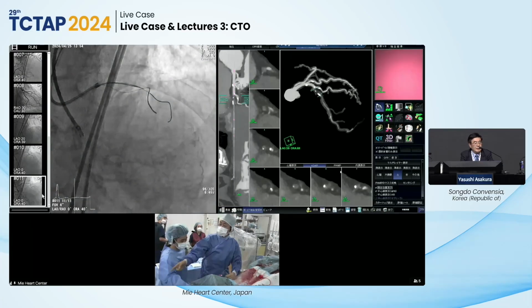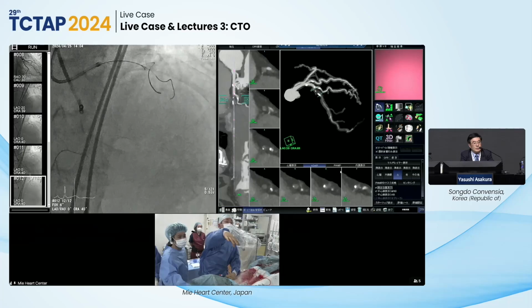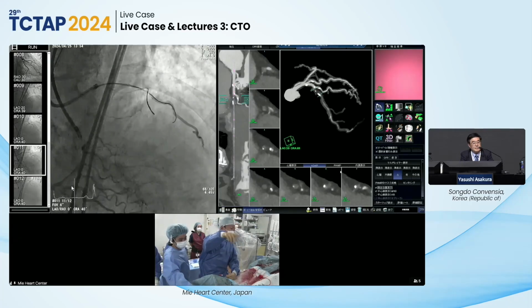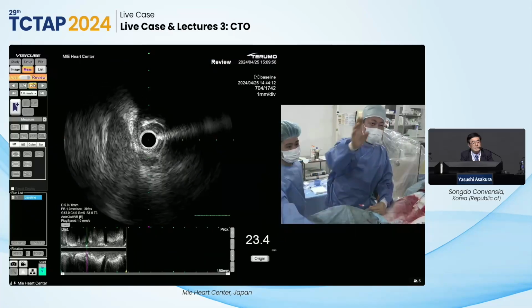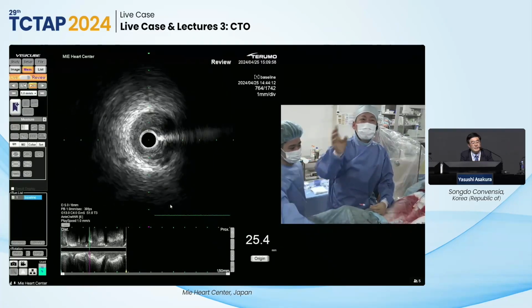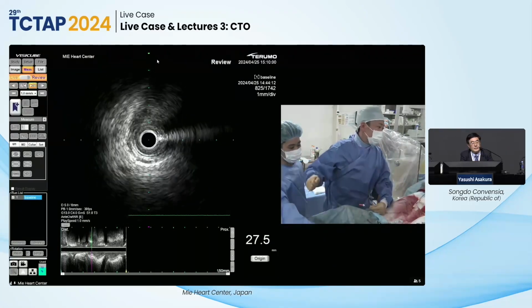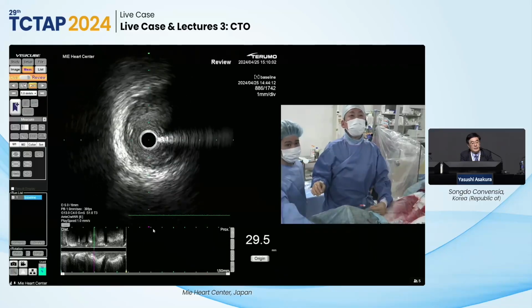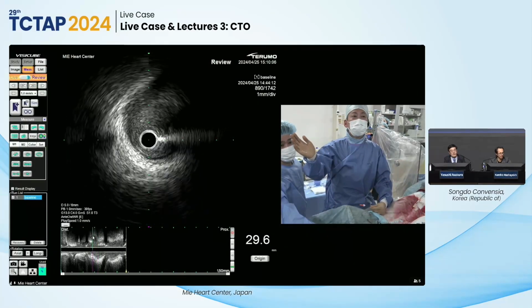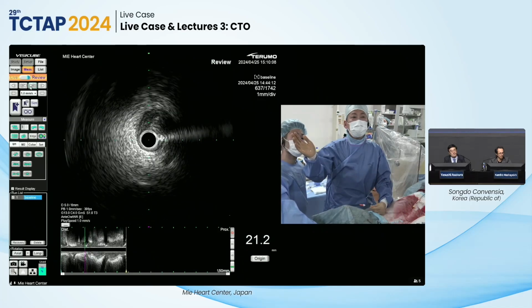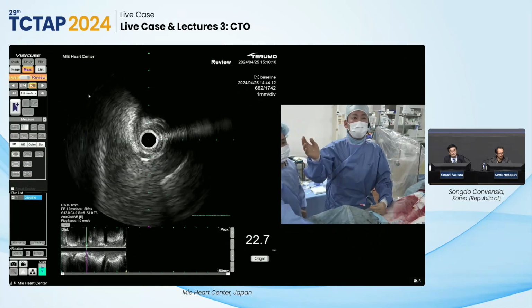Kambis, I'm sorry. I did the IVUS from the diagonal side, so I will show the IVUS. Oh, that's good. So yes, this is the IVUS in the diagonal.